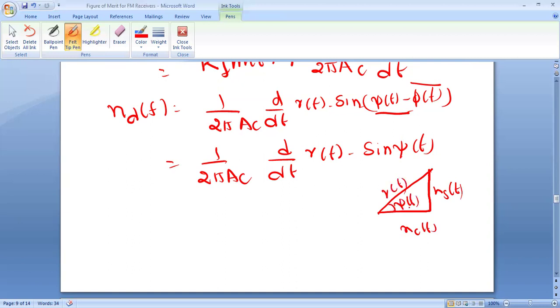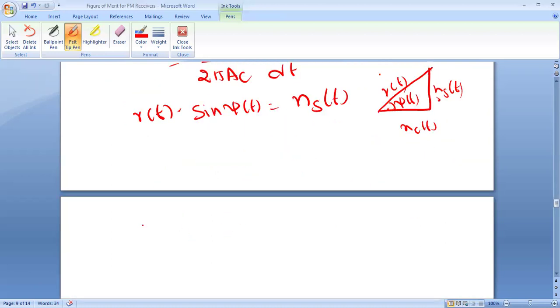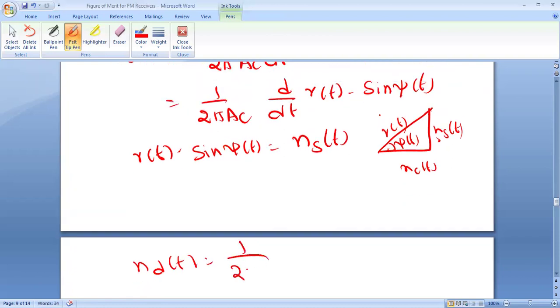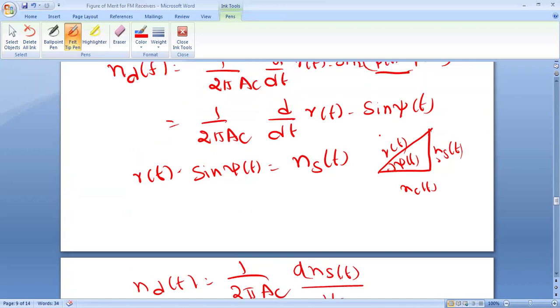So sin psi of t equals ns of t by r of t. So from this diagram, r of t into sin psi of t equals ns of t. Hope it is clear. So if this is substituted, nd of t equals 1 over 2 pi Ac d ns of t by dt. This is the noise component at the discriminator output.